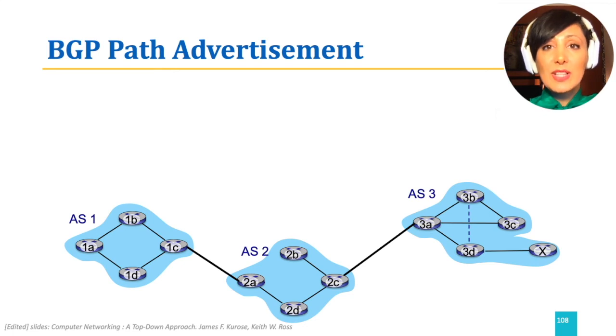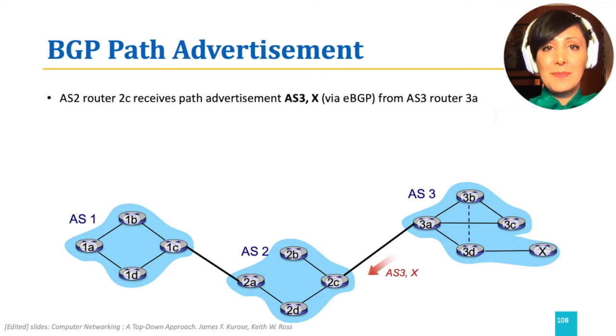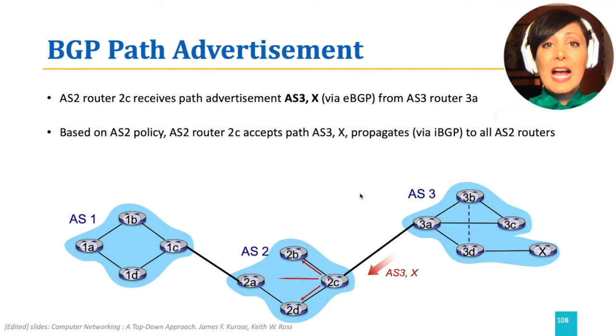In the shown network, let's assume AS2 router 2c receives path advertisement AS3 X from AS3 router 3a using eBGP. Based on AS2 policy, AS2 router 2c accepts path AS3 X and propagates it to all AS2 routers using iBGP.